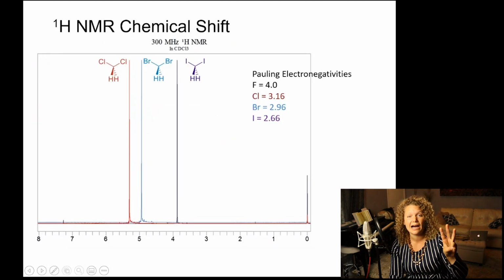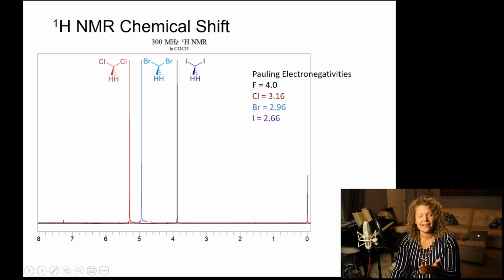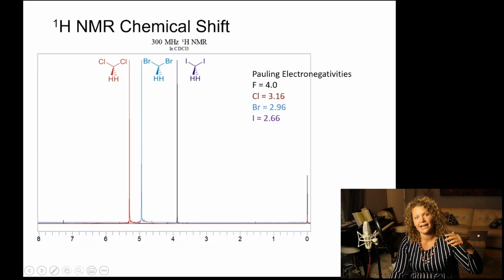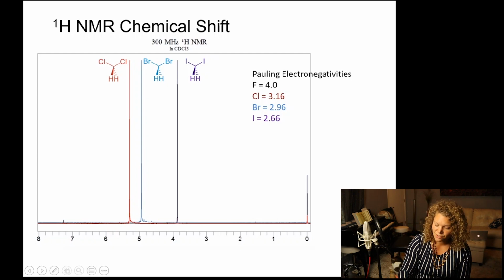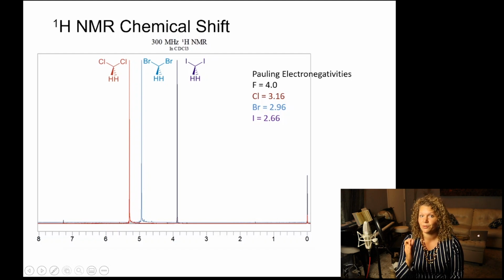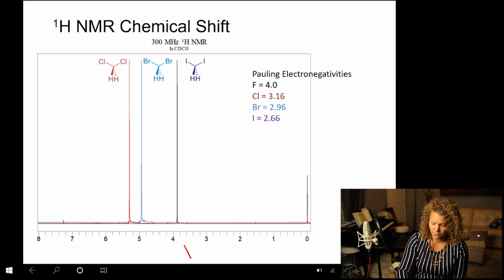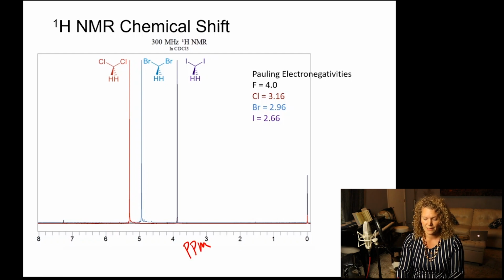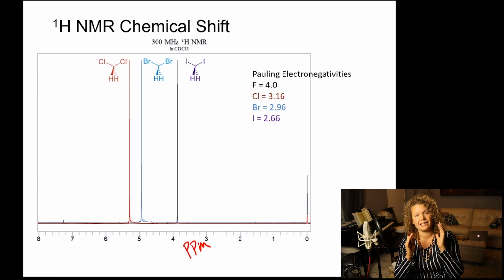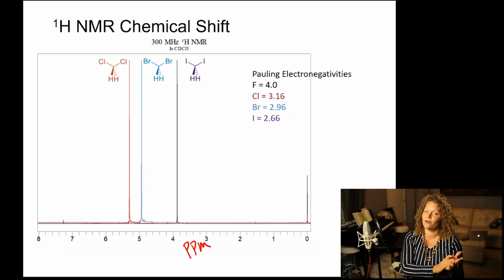Here I have three compounds: diiodomethane, dibromomethane, and dichloromethane. As you can see, they all have different chemical shifts. The way I know they have different chemical shifts is what we've talked about before with parts per million here in the bottom. Our diiodomethane is at the lowest ppm and our dichloromethane is at the highest ppm.